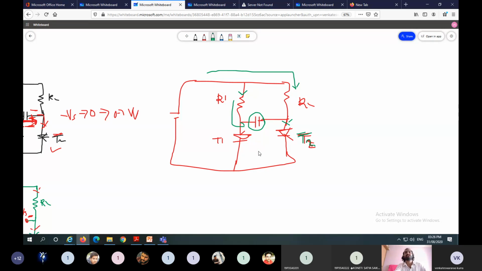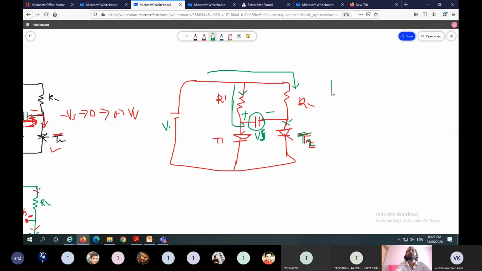The capacitor charges, this one plus and this one minus, up to its rated voltage Vs. Once it reaches rated voltage, there is no flow of current in this path.